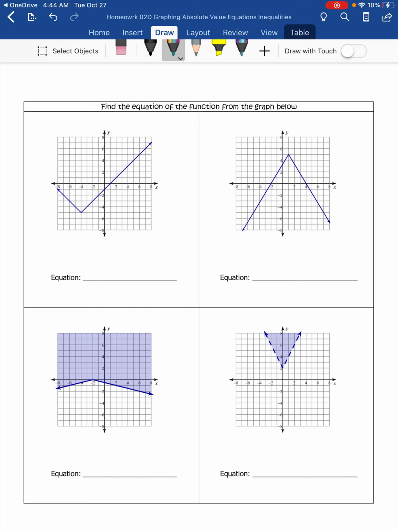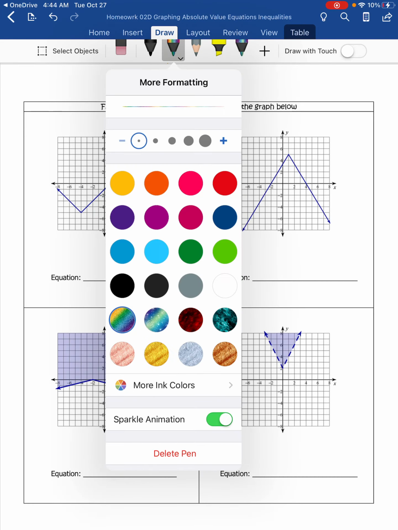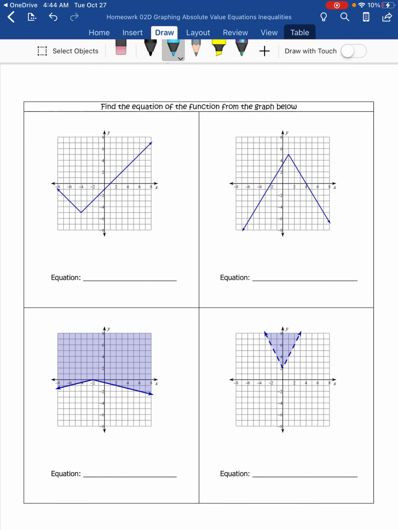Okay, find the equations of the functions. The only thing you need to find the equation of your absolute value function is your vertex. So in this case, my vertex is -4, -5. Okay, and then I look at my slope. I look at my point. This is going to be up 1, right 1, up 1, right 1.